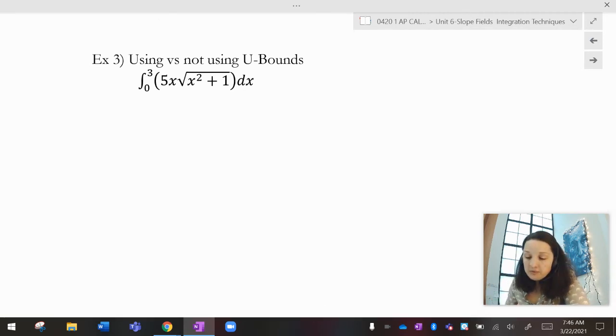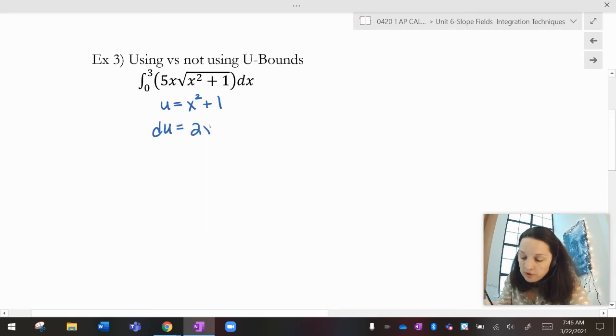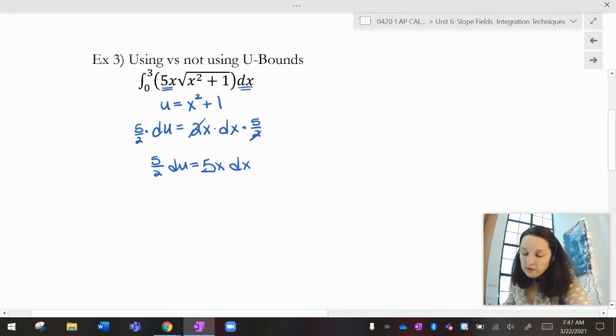If I do a U-substitution, I'm going to let u be the thing on the inside of the parentheses, which is going to make my du 2x dx, because the derivative of x² is 2x. You know what, though? I need 5x dx, so I'm going to multiply both sides by 5/2. So 5/2 du equals 5x dx, just like I want.